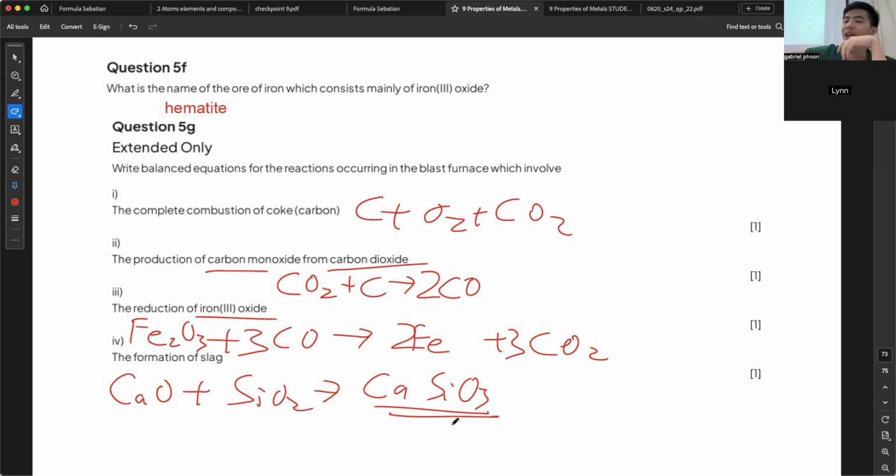Casio, like the watch brand. Good. If you don't remember this, remember that calcium oxide has to react with sand to form the slag. Okay, go on, guys.